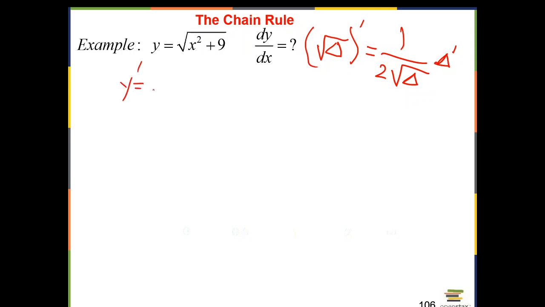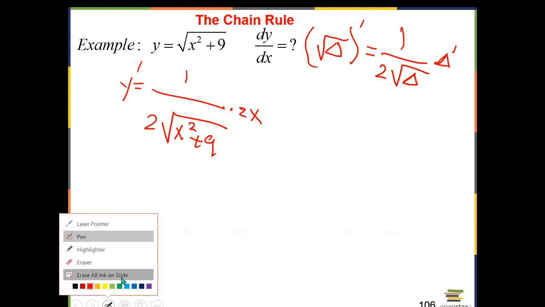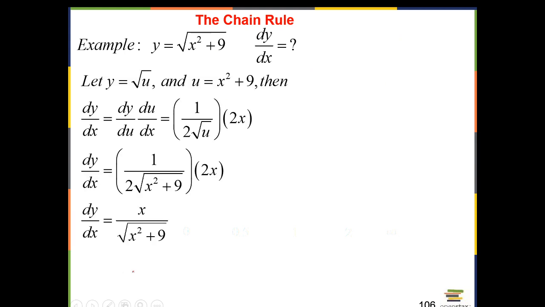So y prime is 1 over 2 square root of something times derivative of inside, which is 2x. That's it, you're done. Okay? Now we could also write this as x squared plus 9 to the 1/2 power and then take derivative with the power rule, but that's more tedious to do.